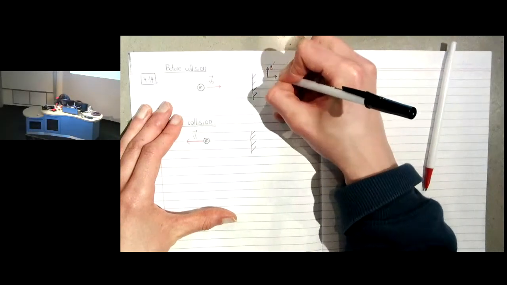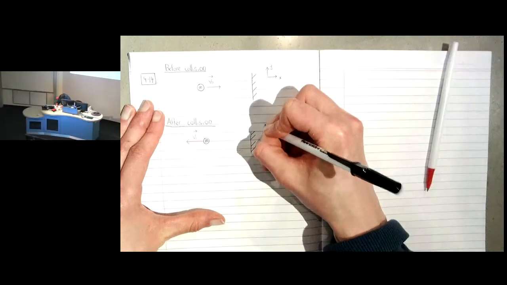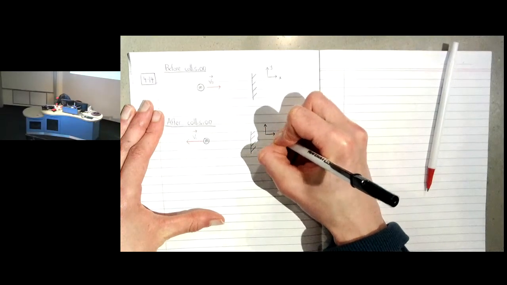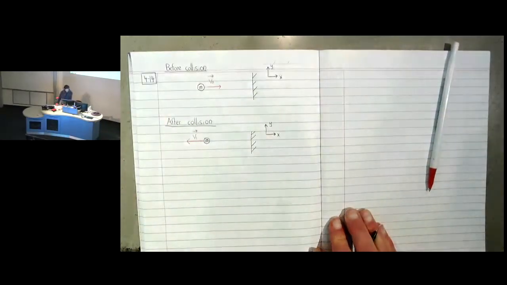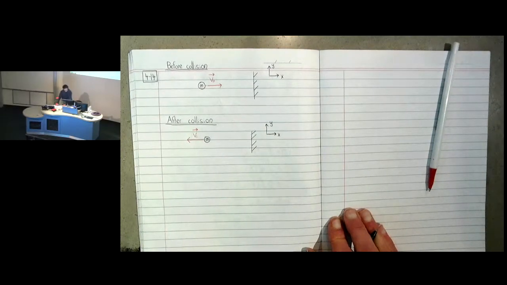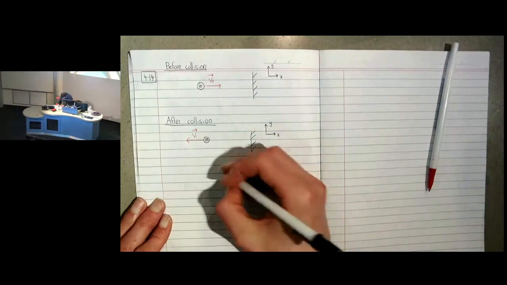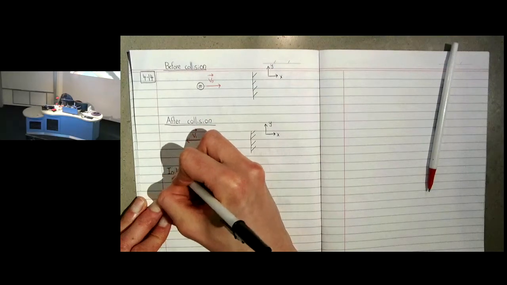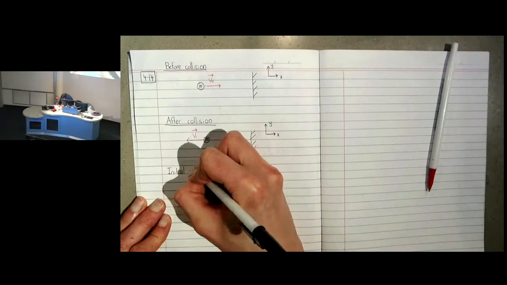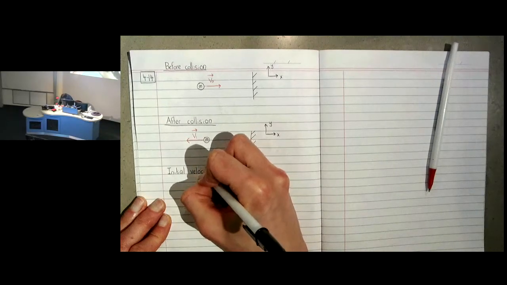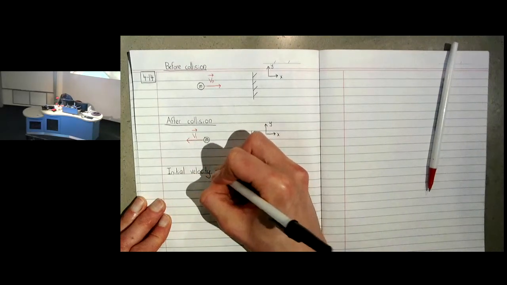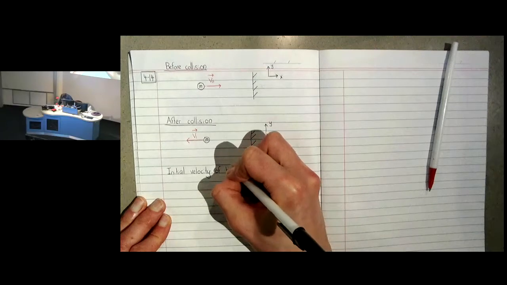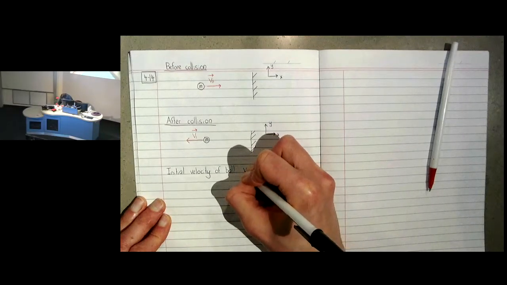So let me just draw up the coordinate system. And we're told that the initial velocity of the ball, and that's what I've called v0.